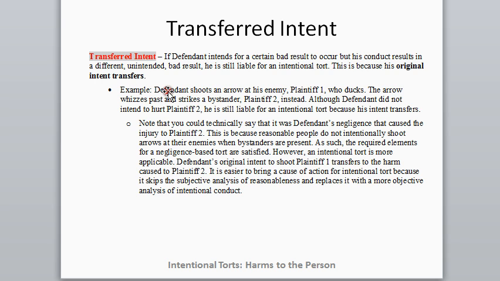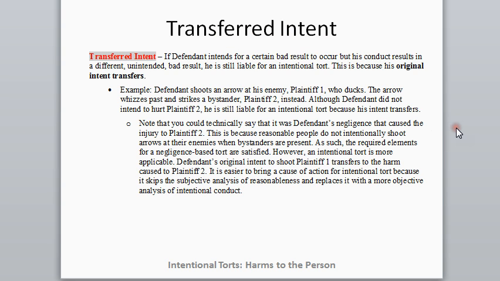Because technically speaking, the defendant who shot the arrow, it's reckless because if your victim ducks, there might be someone else there, and that's not something the reasonable person would do. So theoretically, it is a negligence tort, but what it really is an intentional tort, and the intent transferred.